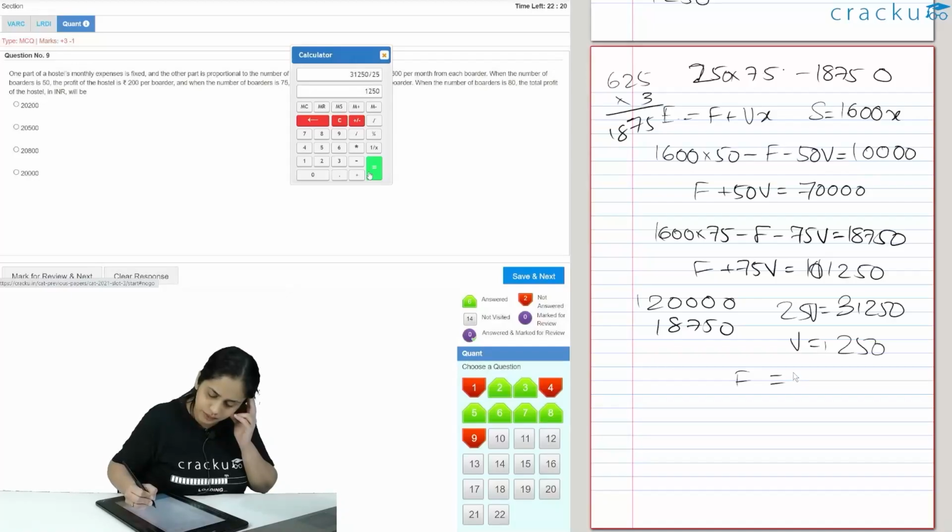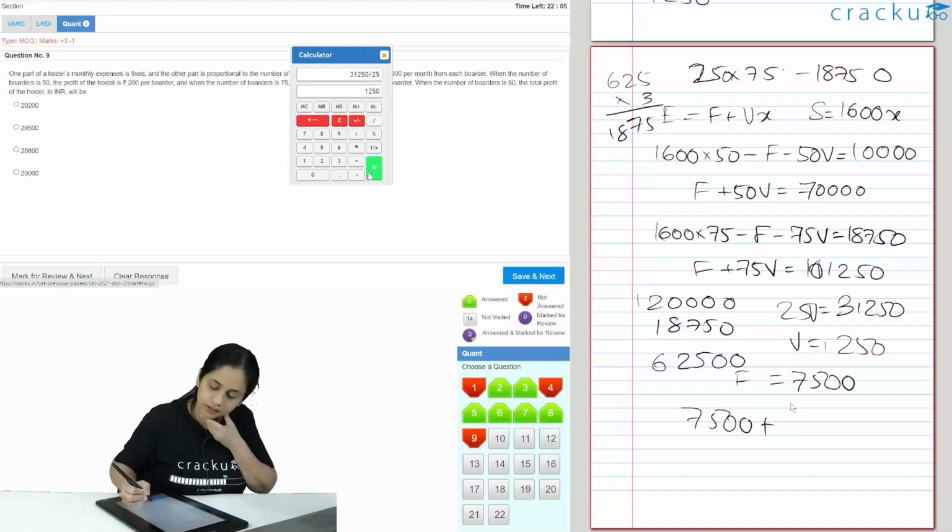If V is equal to 1,250, so this is equal to 625. So this is 7,500. So 7,500 plus 80 times this.